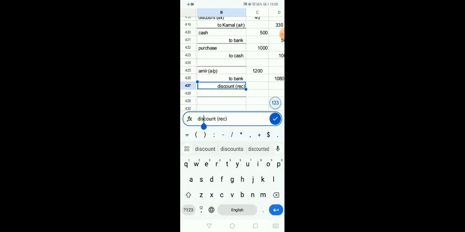Mention it on credit side, and you need to write the word "to" as well, because there are two amounts on credit side. How much discount is not mentioned. So again you will apply the simple accounting principle. Debit and credit side should be equal. On debit side it's 1200, on credit side there is less amount, 1080. How would you know how much amount we should write over here?